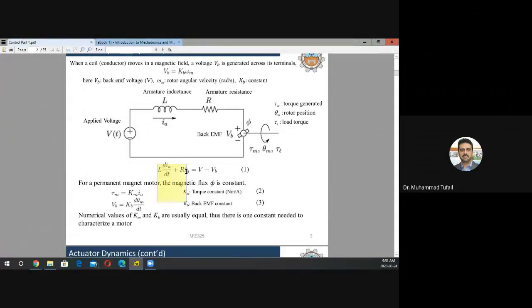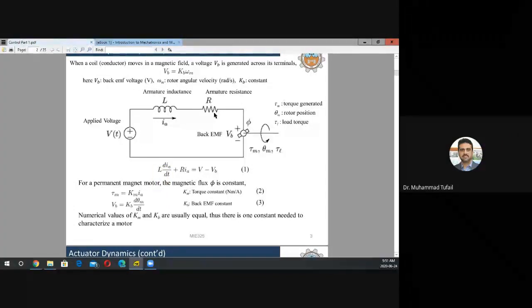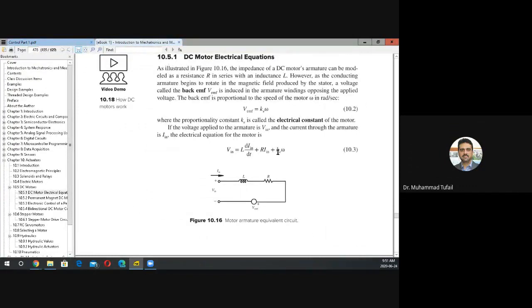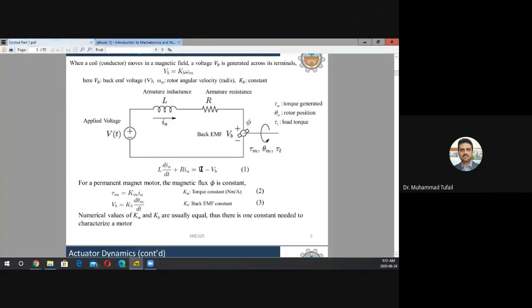Last time you saw this equation: the input voltage was the sum of three voltage drops, across the inductor, across the resistor, and the back EMF. All three added together give us the input voltage.